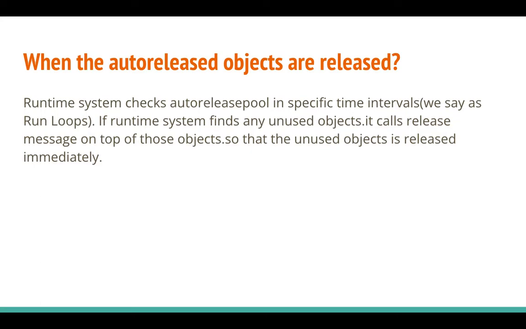When autoreleased objects are released, at runtime the system checks the autorelease pool at a specific time interval and finds any unused objects. Suppose we call a method and we are not using that object, so it is unnecessary.